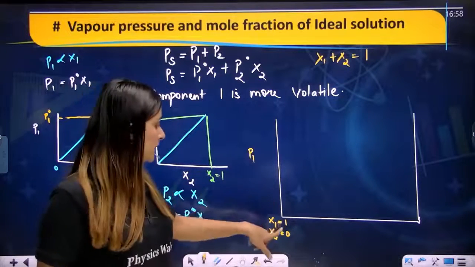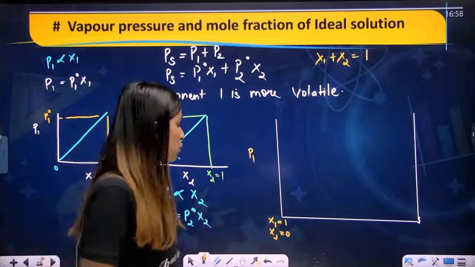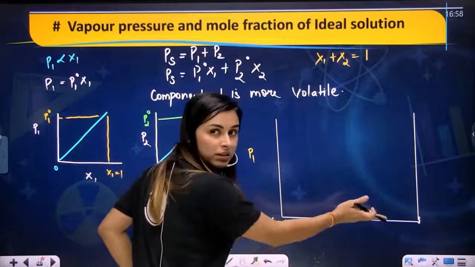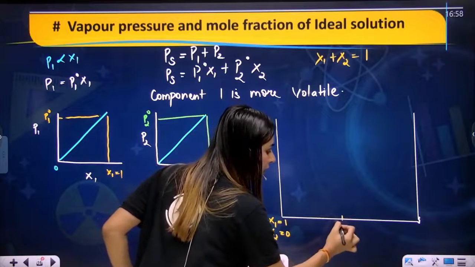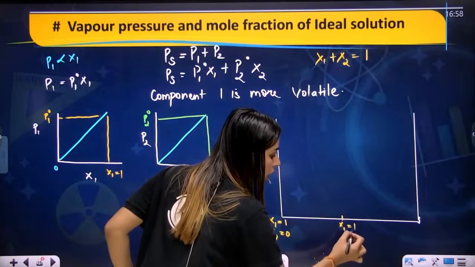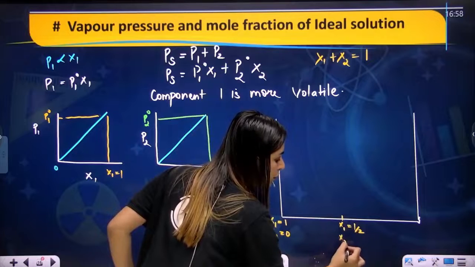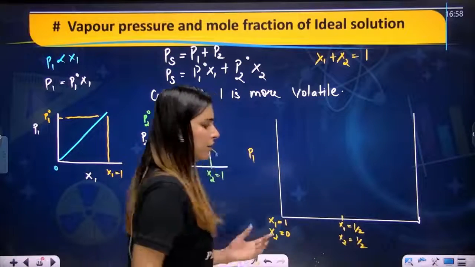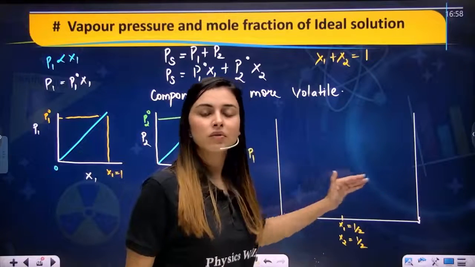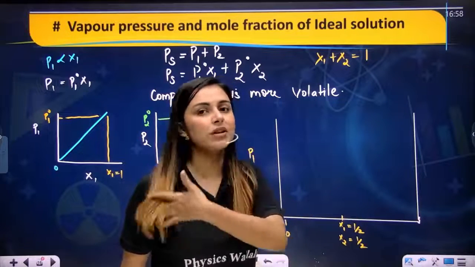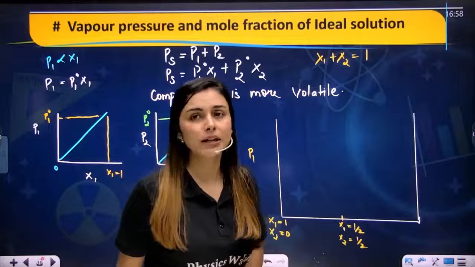And since this is P1, my dear students, similarly, as we go this side, the mole fraction of 1 will keep on decreasing. Let's say here the mole fraction of 1 is equal to half. Then the mole fraction of 2 will also be equal to half. Then as we move this side, the mole fraction of 1 will keep on decreasing and the mole fraction of the second component will keep on increasing.